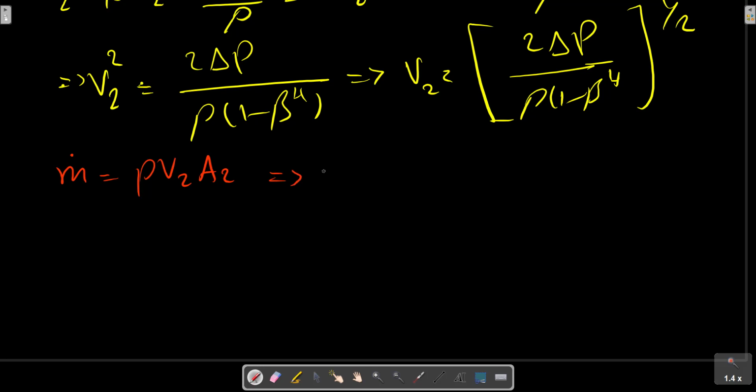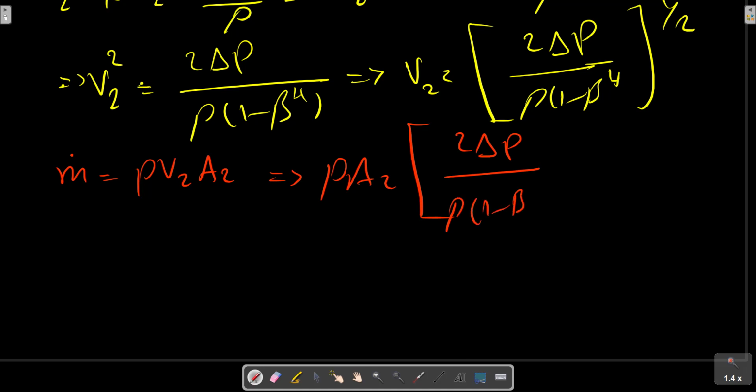So we have rho A2 multiplied by V2. This relation gives us the possibility to calculate m dot according to the density.